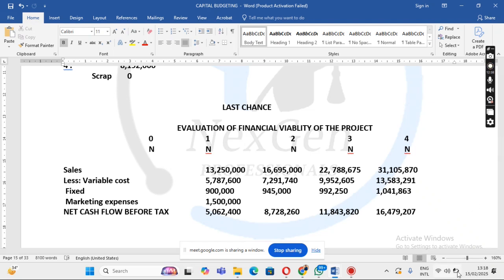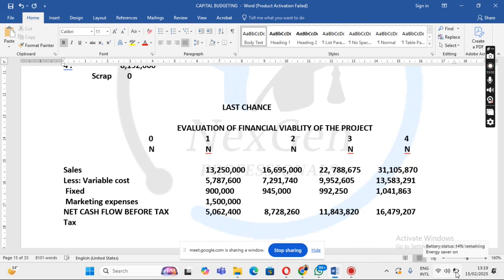You don't need to consider it before tax. You cannot tax working capital. What else do we have? The initial cost. You have sales proceeds at the end of year 4, which you would have included, because when you sell, you pay tax on that. We should understand how these things work.